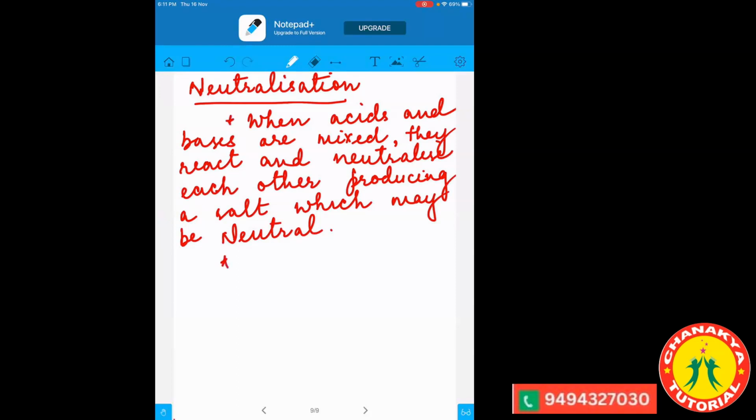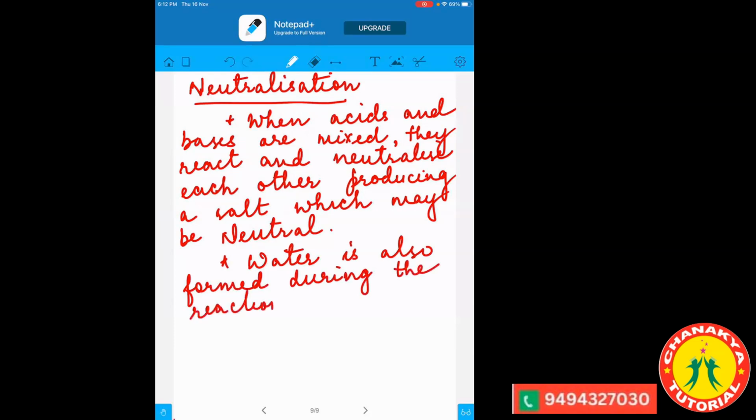And what else is formed? Water is also formed during the reaction. And what else will be released apart from the water? Something else. Very good, very good.